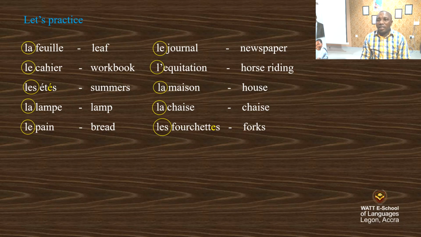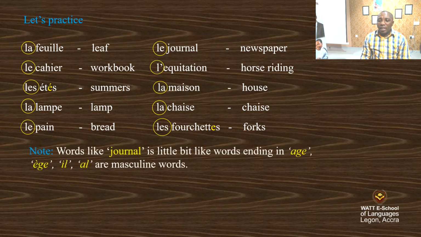Okay. Now let's get this note. Words like journal, you don't say journal, you say journal. Words ending in -age, -ège, -er are masculine words.